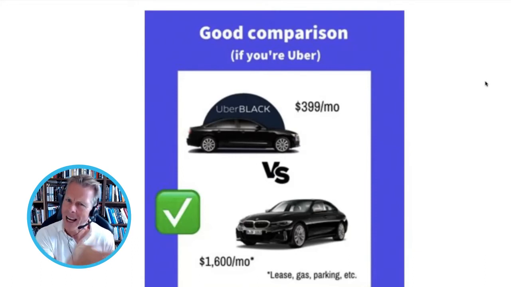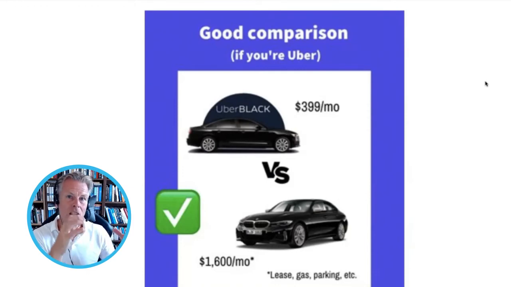Like if you drive down any high street where there are cars for sale, typically what you'll see is cars being advertised as X amount of dollars per month, okay? And the reason they do that is because it works. It draws our attention away from the actual price of the car and instead focuses it on a much smaller quantum of money, which is the monthly charge for the car, okay?